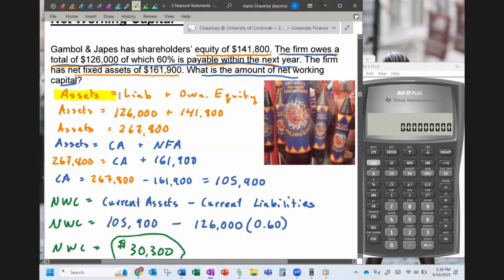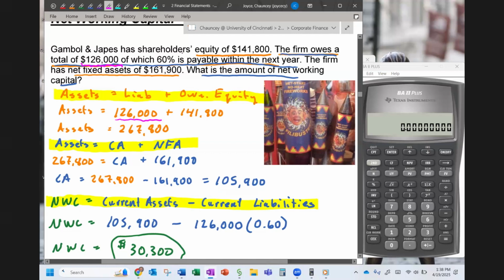We need assets equal liabilities plus owner's equity. So we're going to search for assets. We have liabilities, that's what we owe, a total of 126,000. And we have owner's equity of 141,800.